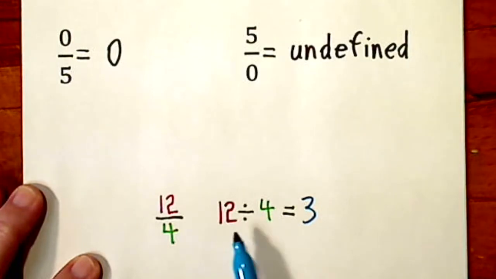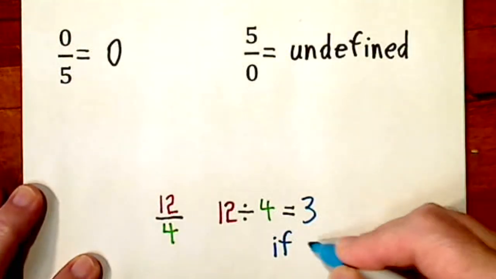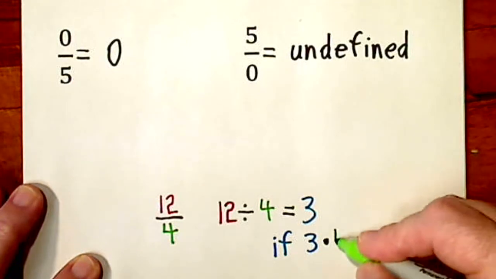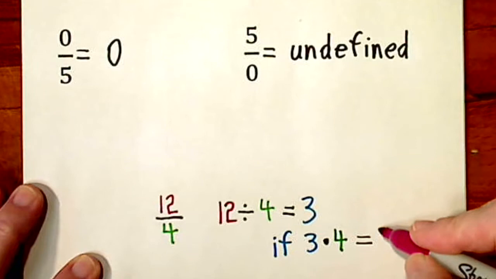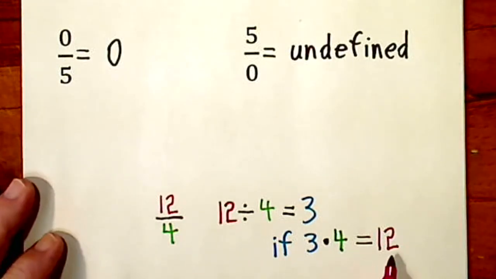That is, 12 divided by 4 is equal to 3 if 3 times 4 is equal to 12. So again, 12 divided by 4 is 3 if 3 times 4 is equal to 12.